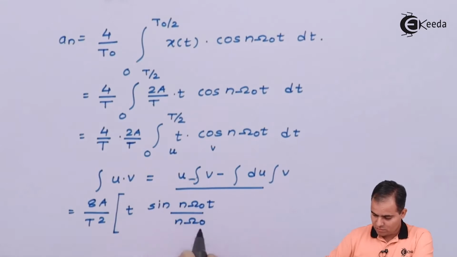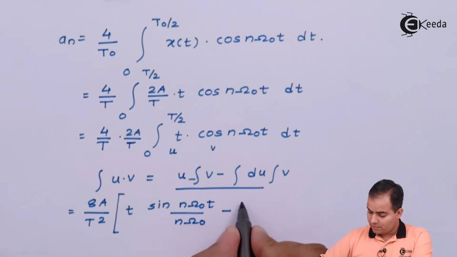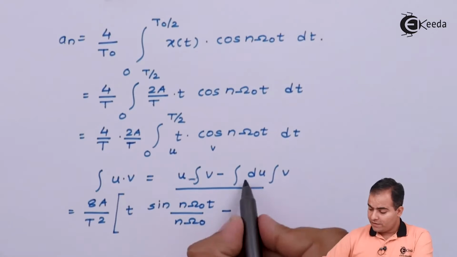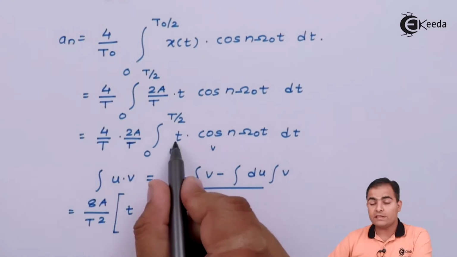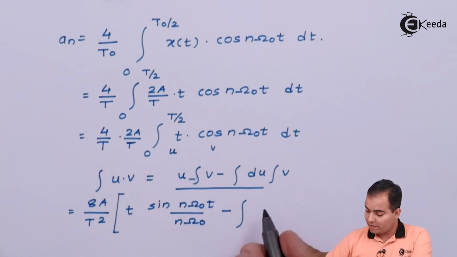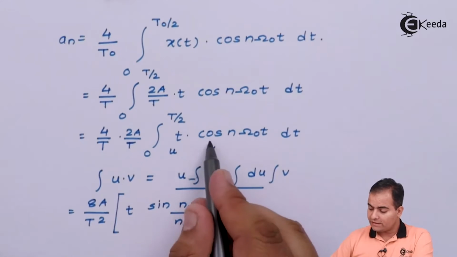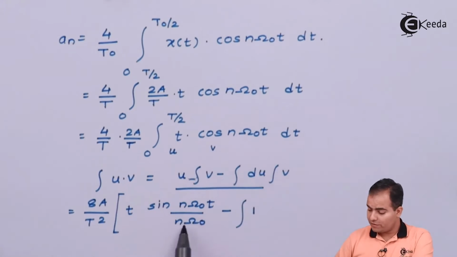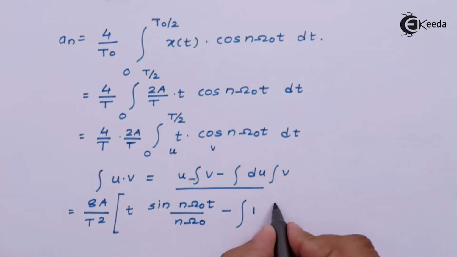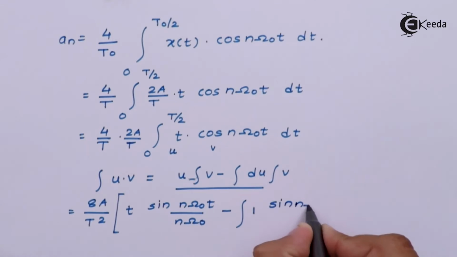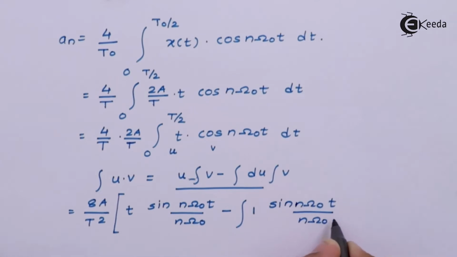Now the next part, if we differentiate this t with respect to t, then we'll have only 1 over there. And the integration of v, that is integration of cos of n omega naught t, which is already solved. And our integration limit I have placed over here.